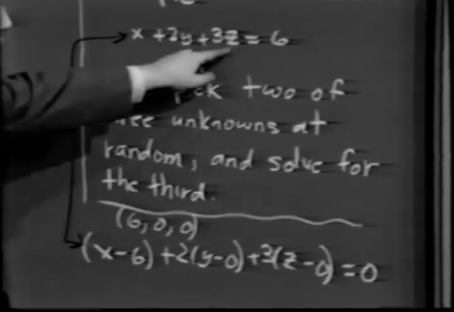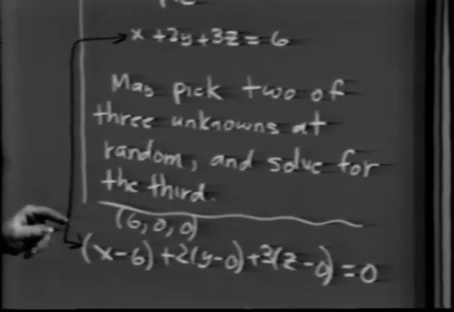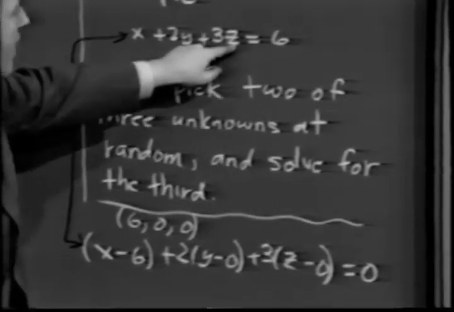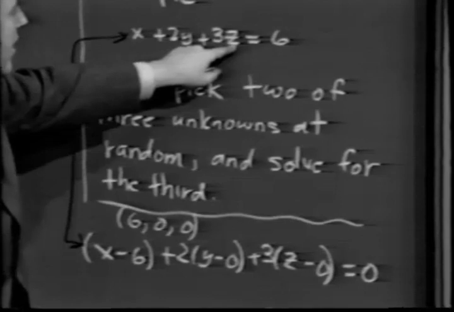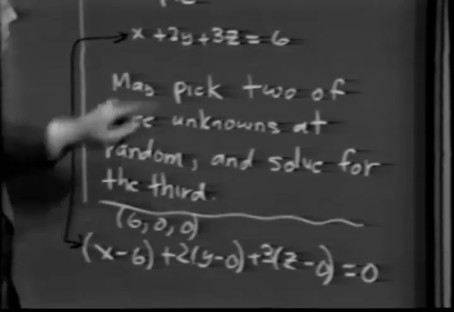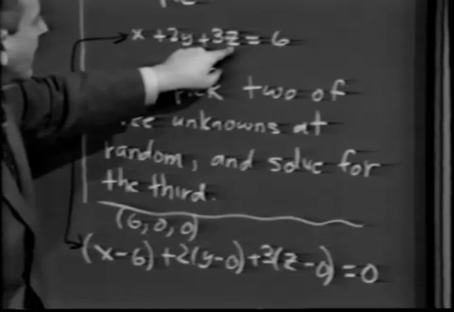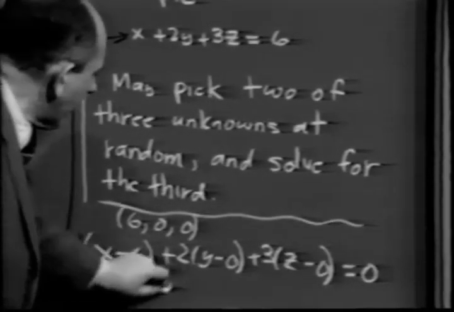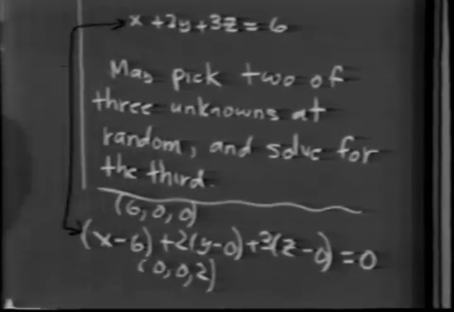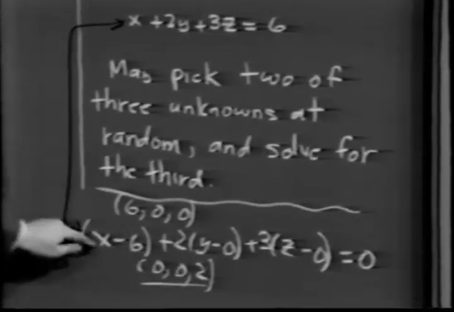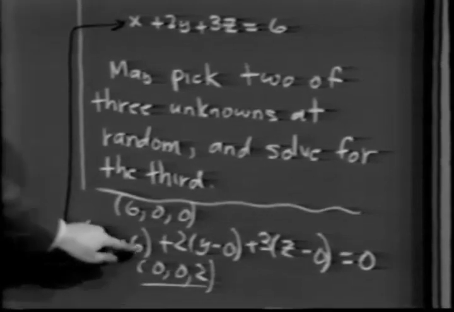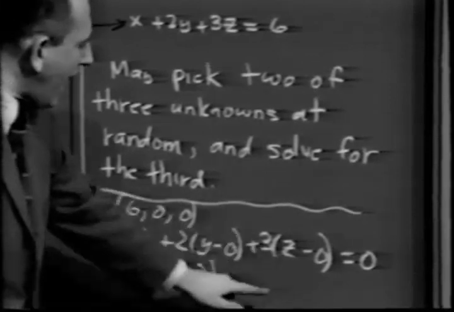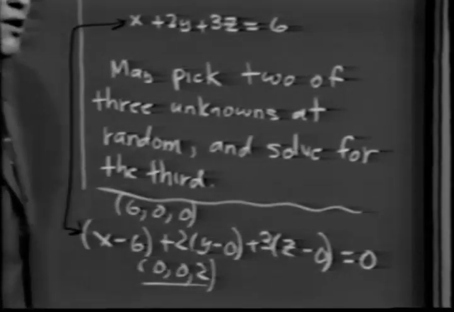By the way, you could do this in different ways. Some person might say, why couldn't you have transposed the 6 over here, then taken 3z - 6? Why don't you let x and y be 0 and solve this equation and get that z equals 2? In other words, isn't (0, 0, 2) also a point in the plane? And the answer is, yes, it is. And you could have written the equation now as (x - 0) + 2(y - 0) + 3(z - 2) = 0.